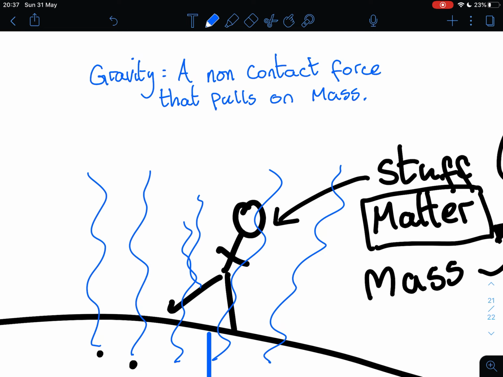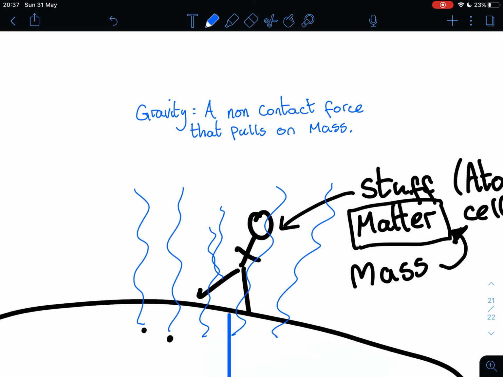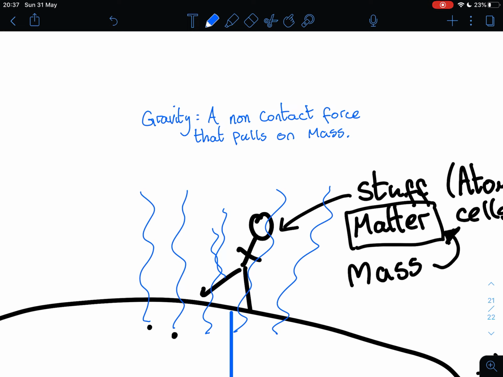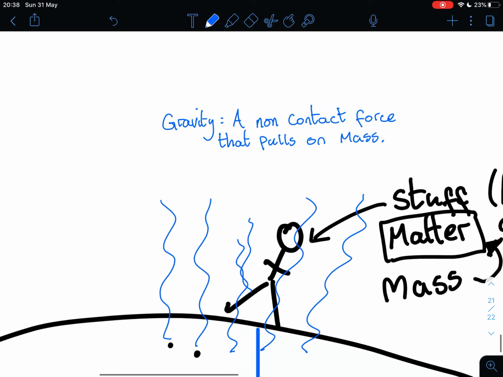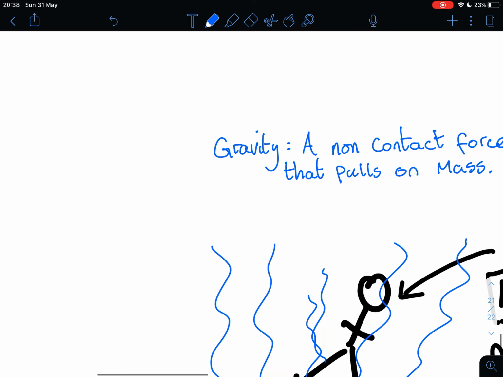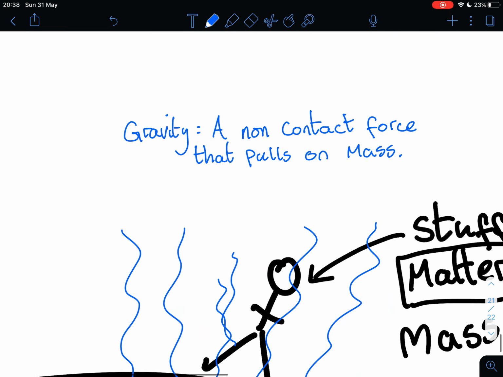Okay, so it acts on matter. Non-contact because you could be up in the air on an aeroplane, it's still pulling down on you, so you don't have to have contact between you and it. That's different to other forces like contact forces, for example, friction, air resistance, pushes and pulls, where you're touching the object. Those are contact forces.